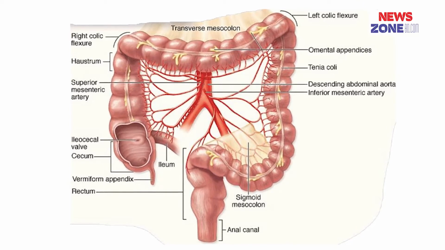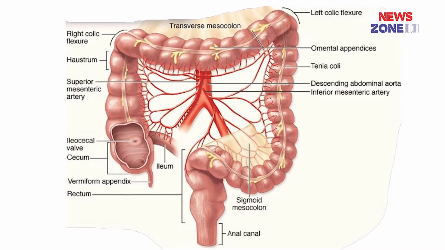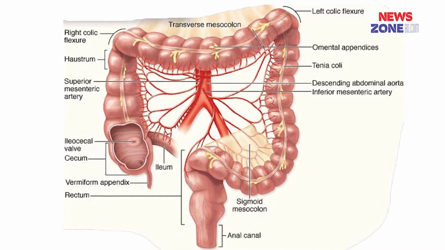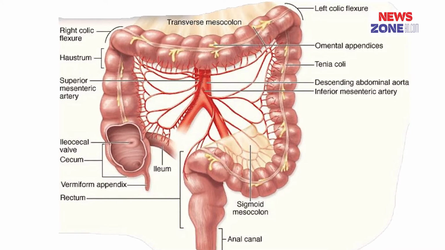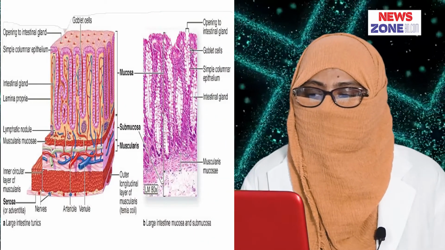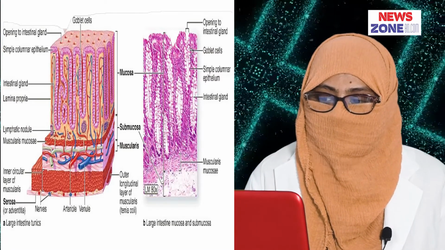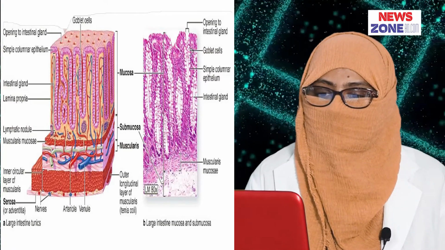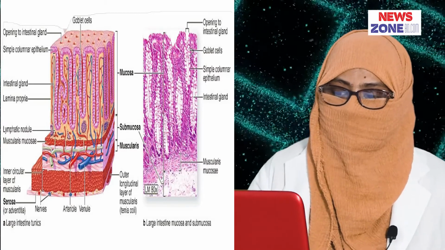The large intestine consists of a mucosal membrane with no folds except in its distal portion, that means the rectal portion, and no villi. The mucosa is penetrated throughout its area by tubular intestinal glands lined by goblet cells and absorptive cells with a small number of enteroendocrine cells.